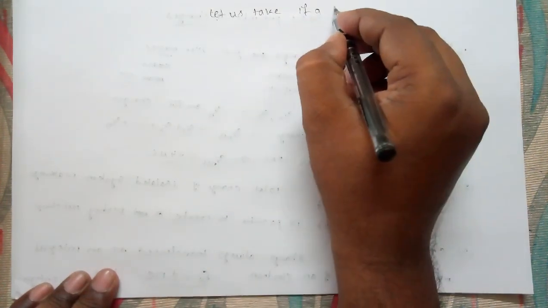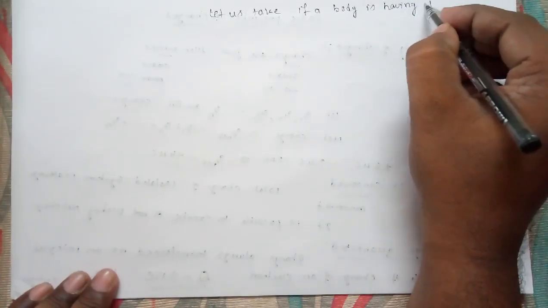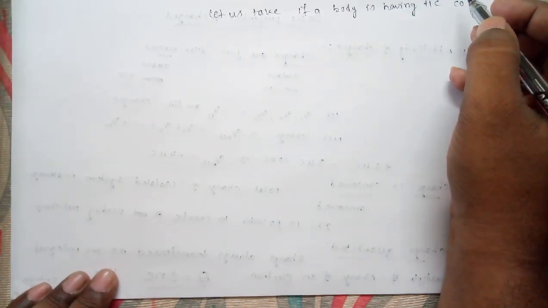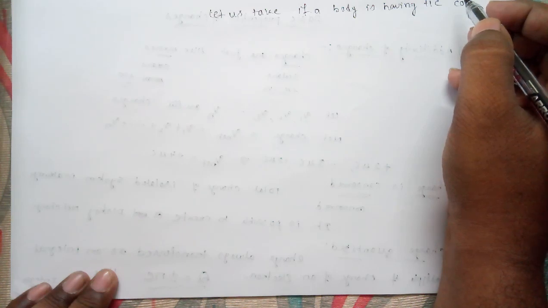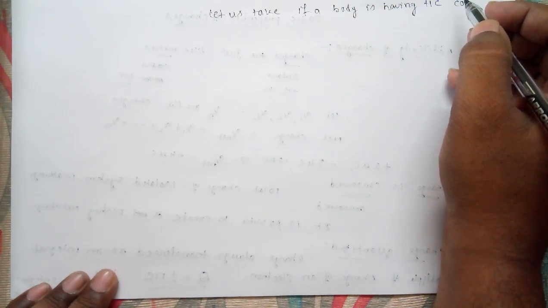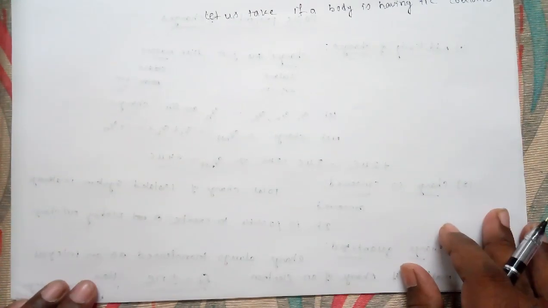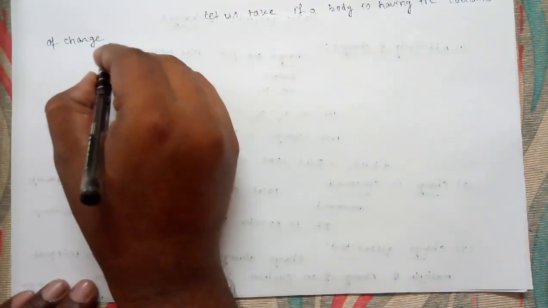If a body is having plus 1 coulomb of charge, then we can understand how many electrons are present in it.